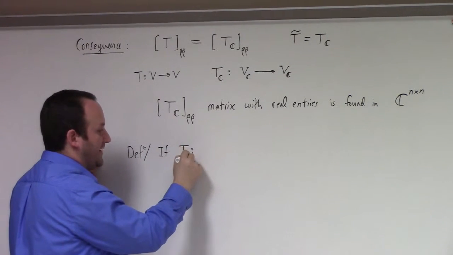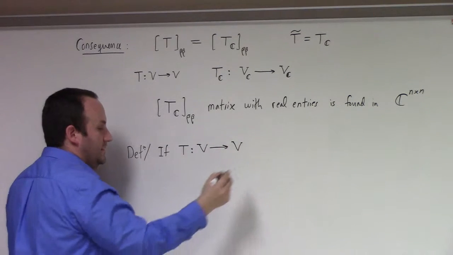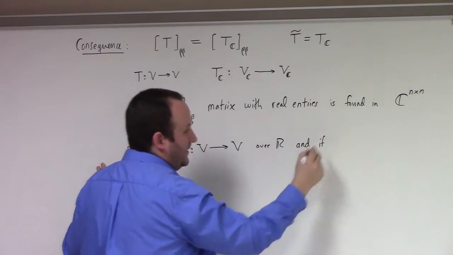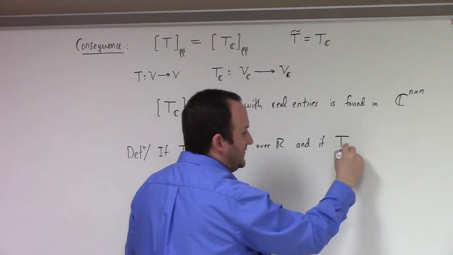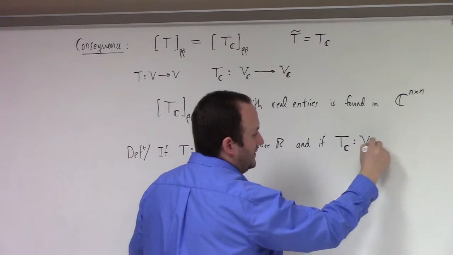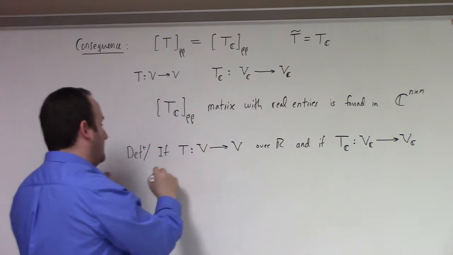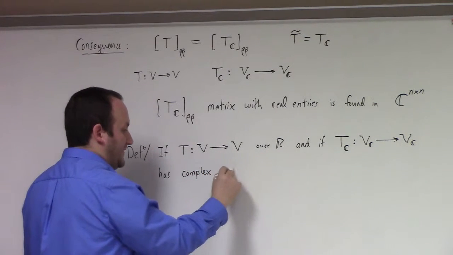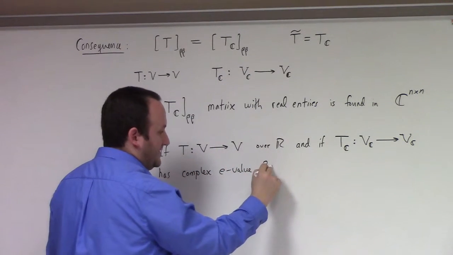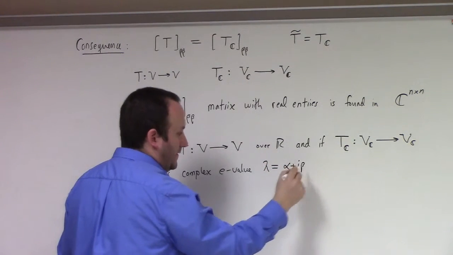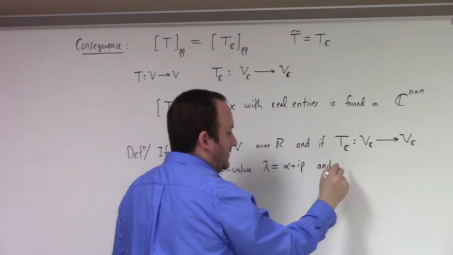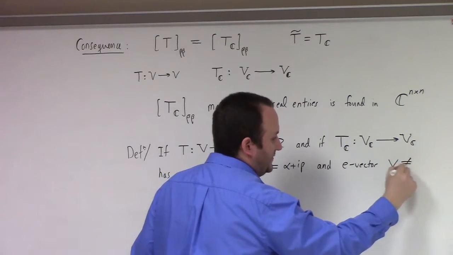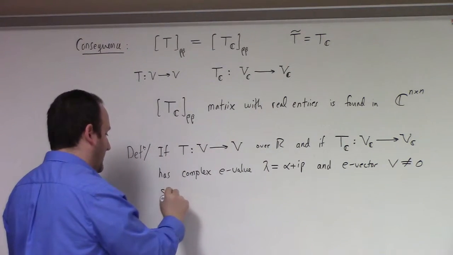If T is an endomorphism of a real vector space, a linear transformation from V to V over R, and if the complexification, T sub C, which is of course a mapping from V_C to V_C, has a complex eigenvalue lambda, let's say equal to alpha plus i beta, typically, and eigenvector, let's say v, which of course is not equal to 0, such that what?